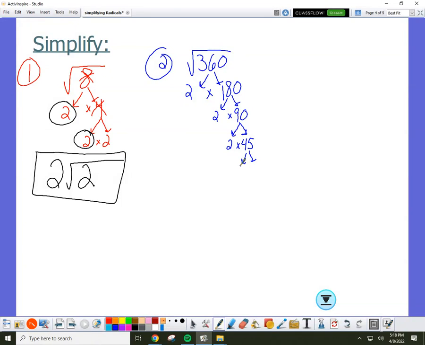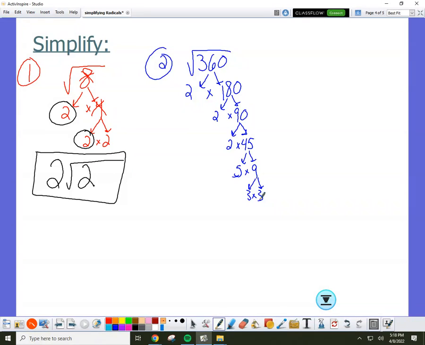Okay, 45 would be 5 times 9. 5 is a prime number, but 9 is not. 3 times 3 will give us 9. Okay, and 3s are prime numbers.